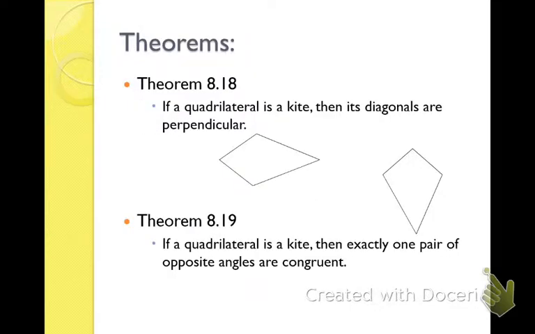Theorem about a kite. If a quadrilateral is a kite, then its diagonals are perpendicular. Makes a cross. Think of it as a cross. The diagonals are perpendicular if it's a kite.